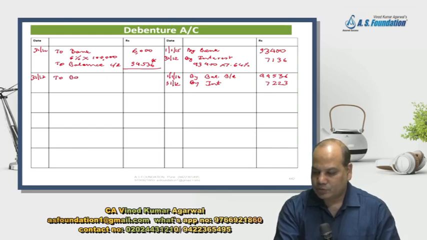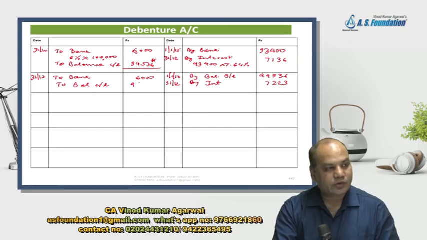And then 31st December 2016, to bank, every time write down 6,000. To balance carried down. Come on. 95,758 is welcome.